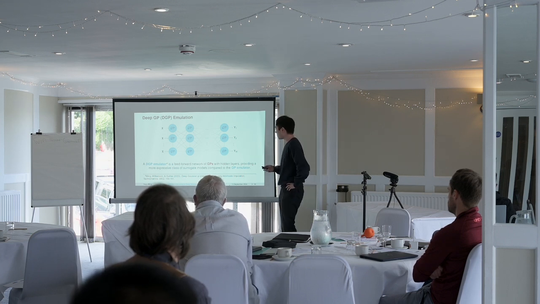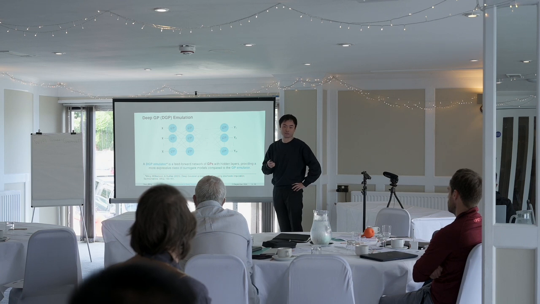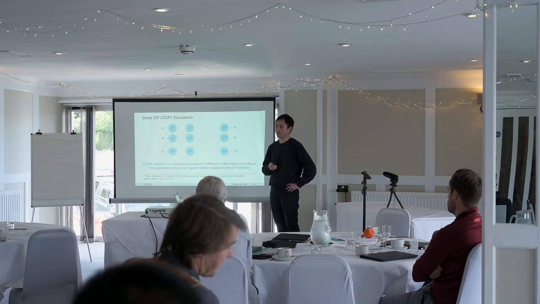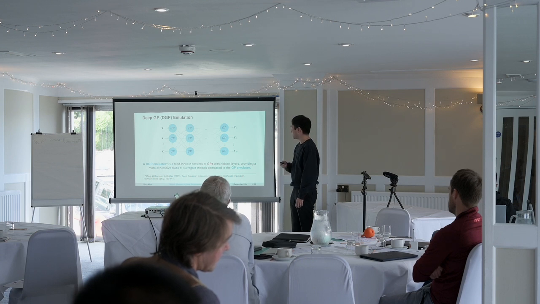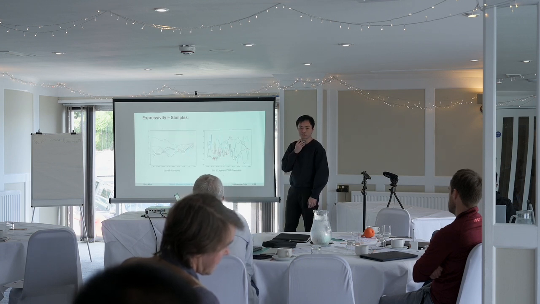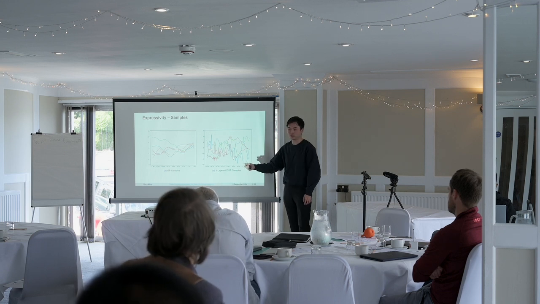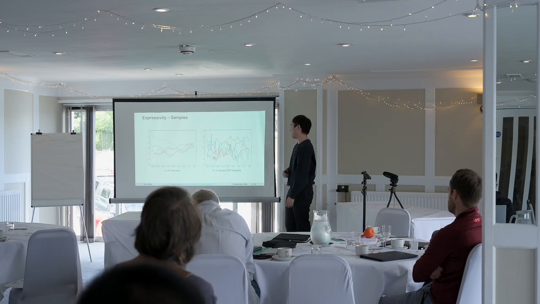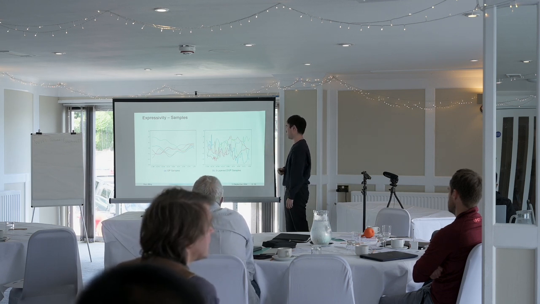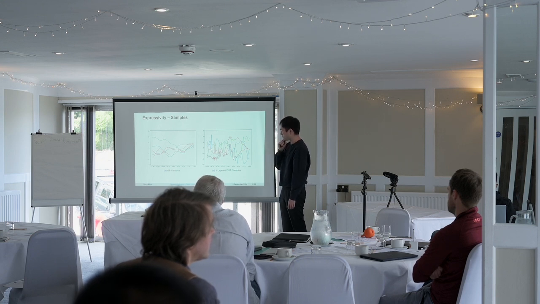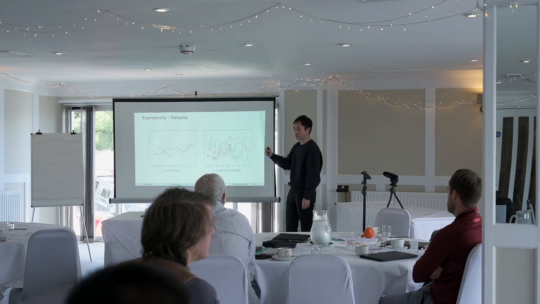So why deep Gaussian process rather than a simple GP, which is more computationally cheap? Here I draw some samples from a Gaussian process and the basic three layers of the deep Gaussian process simulation. You can see for the simple GP ones, you have very stationary global trends, very smooth ones.